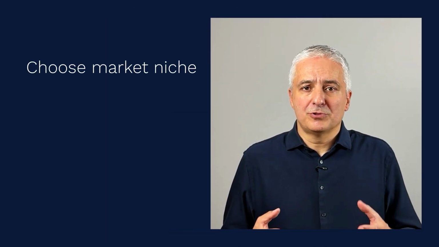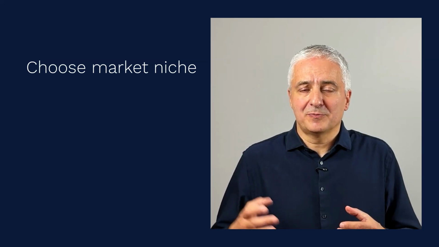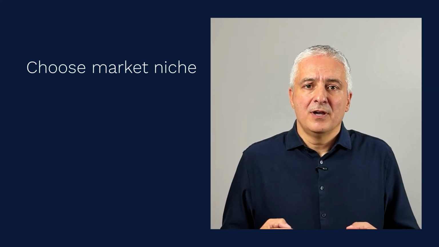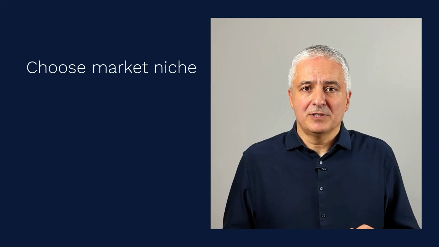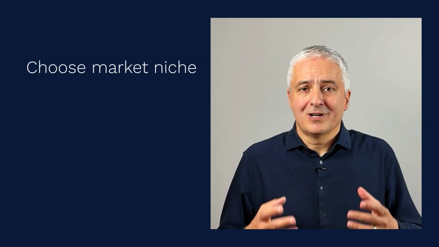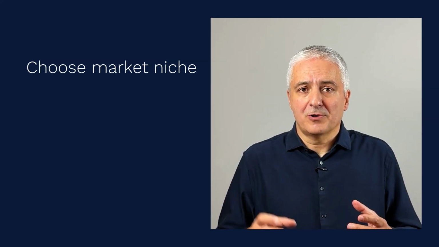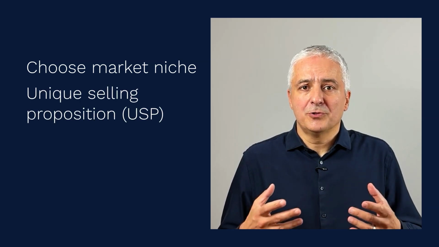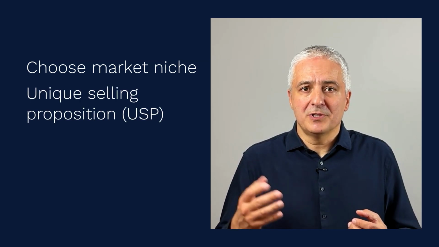And before you start building your brand as an expert, first you have to define your expert identity. This means that you have to choose your market niche and your specialization within this niche. And this is something that I explained already in one of my previous lessons in this course. This also means that you have to clearly differentiate versus your competitors and create your unique selling proposition, or USP.